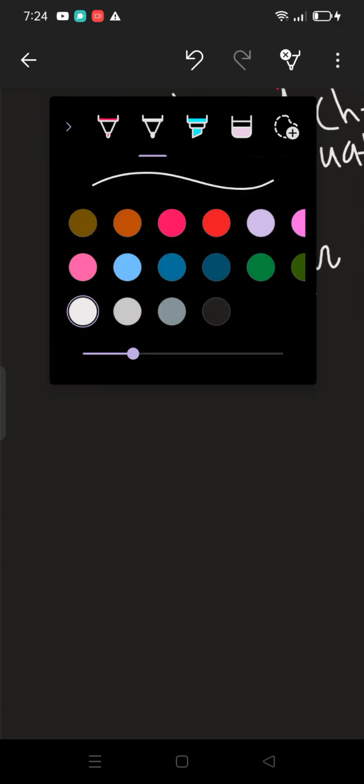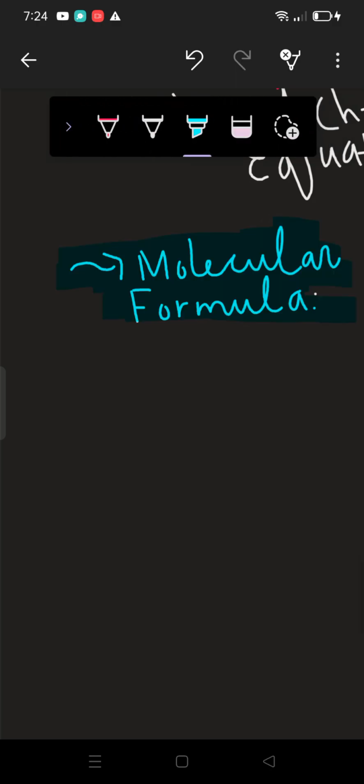Let's discuss that. So basically, the molecular formula tells us the actual atoms present in the molecular compound.